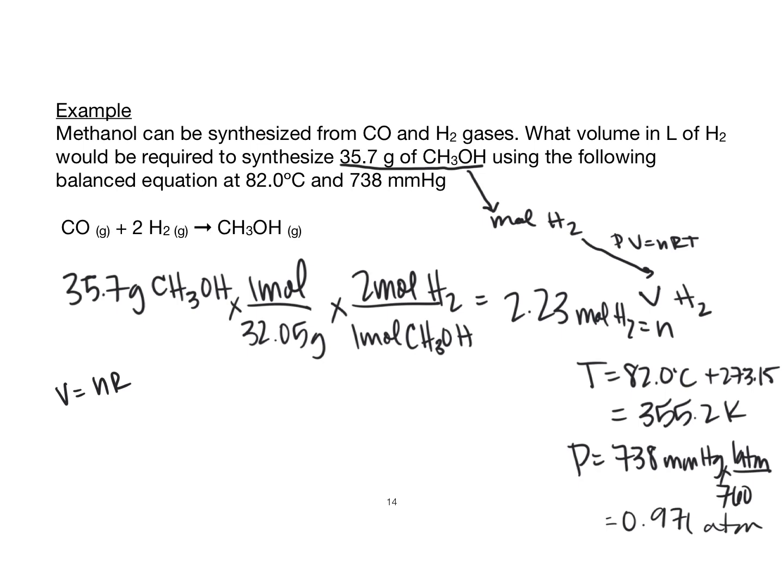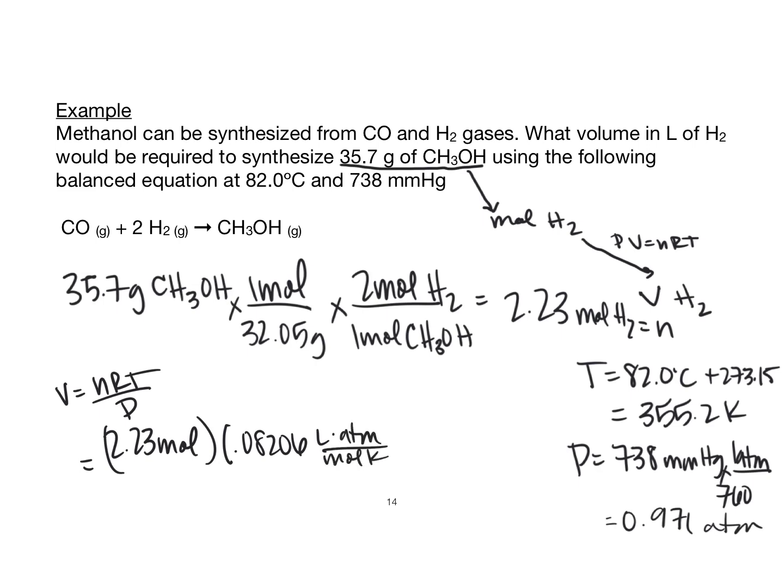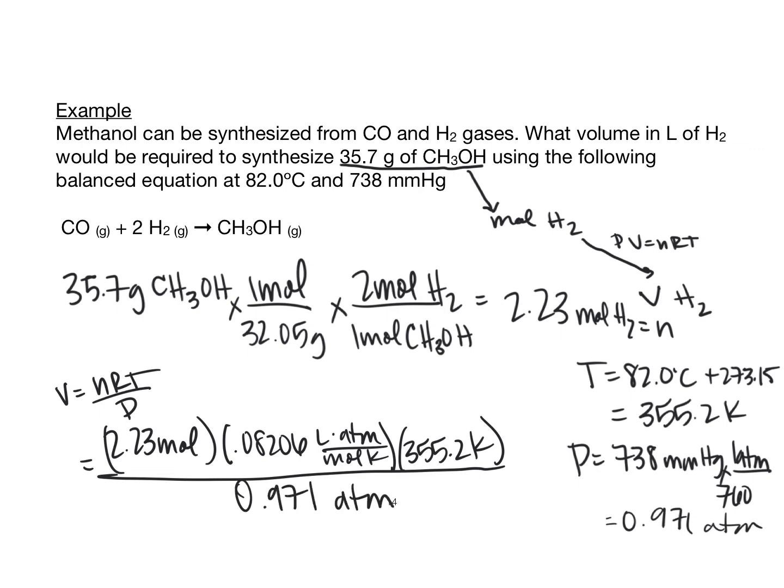From here, we are going to plug this into our calculation, where the volume is equal to nRT over P, where n is 2.23 moles, multiplied by 0.08206 liter atmospheres per mole Kelvin, multiplied by 355.2 Kelvin, divided by the pressure of 0.971 atmospheres.